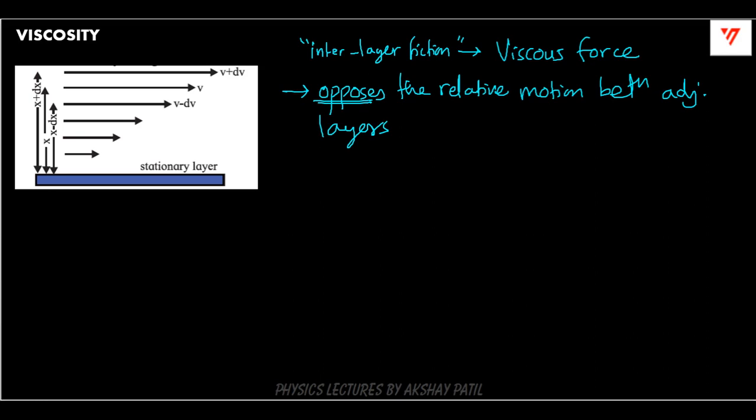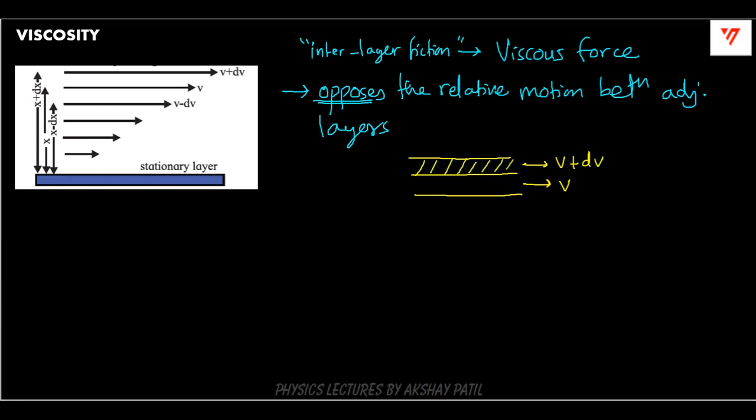Now what exactly is happening? Just consider two layers like this, the first layer and the bottommost layer. Let's say the bottom layer is moving with speed v, and the upper layer is moving with some extra speed, so there is a relative motion between these two layers.